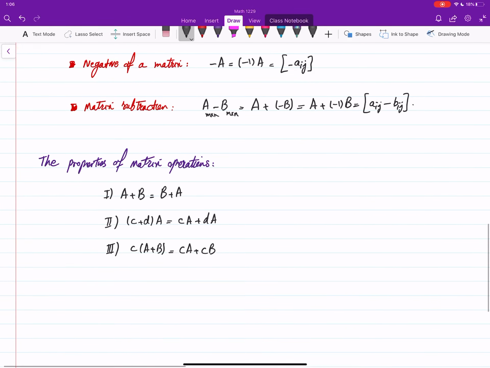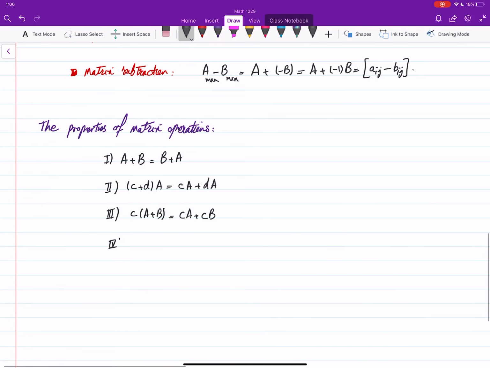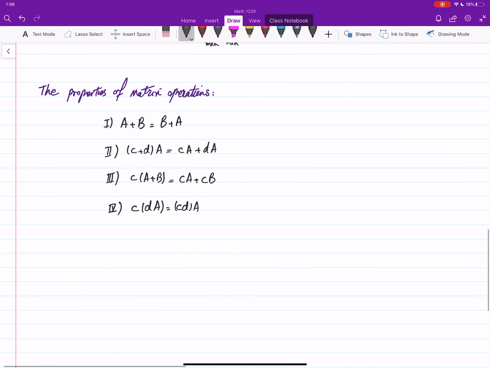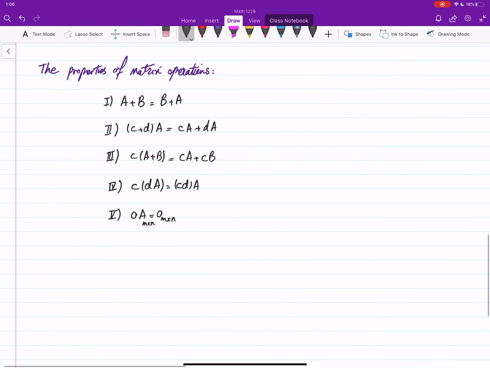And the other way, we have another distribution form that scalar distributes over the matrix addition. Another property is that scalar multiplication and just product of numbers work nicely together. Another property is that if you multiply number 0 to any matrix, you get the 0 matrix, a matrix which has the same number of rows and columns as A, but all the entries are 0.